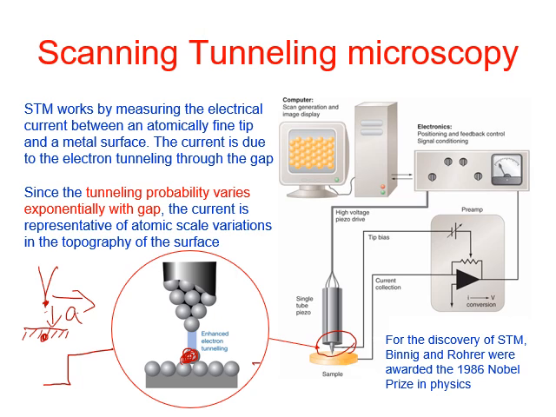Now, if somewhere you have a missing atom, then the gap becomes larger, and you see a smaller current, so the current decreases. So by measuring the current of this tunneling effect, the computer can analyze and give you the profile of the surface.